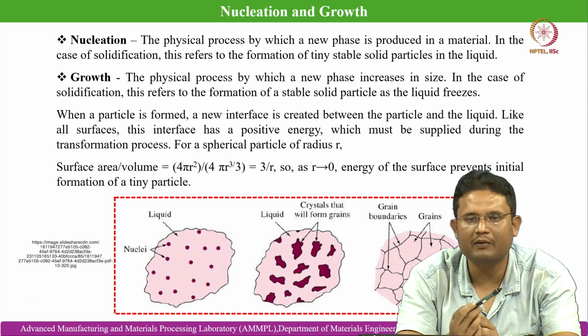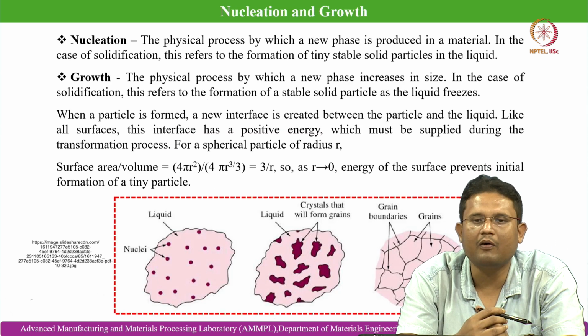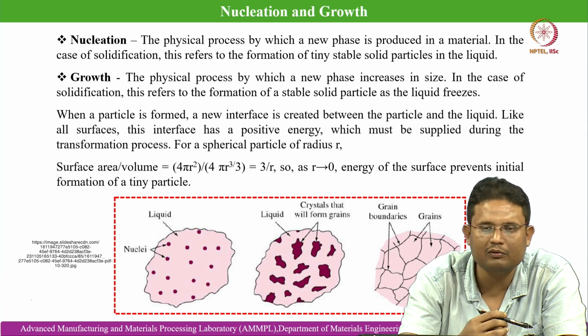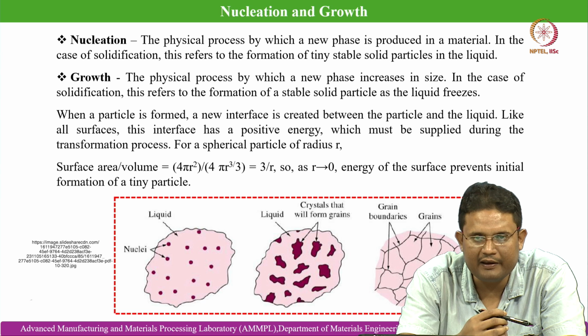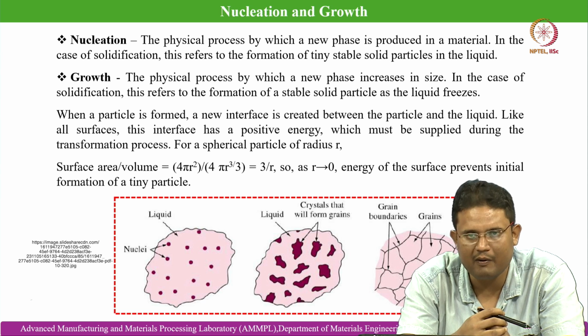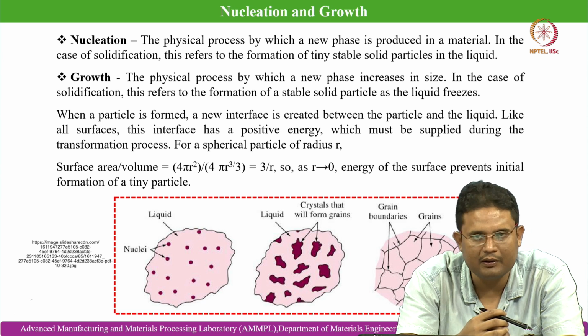So, the solidification mechanism is basically the combination of two micro mechanisms, one is nucleation and another is growth. Nucleation is the tiny product particle, a solid particle, coming out from the liquid melt.